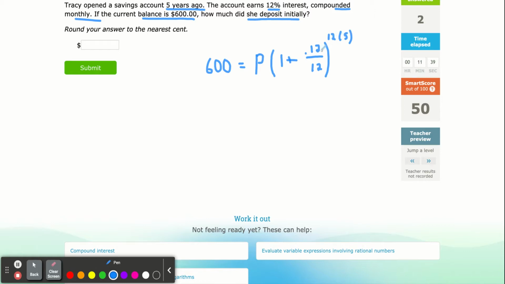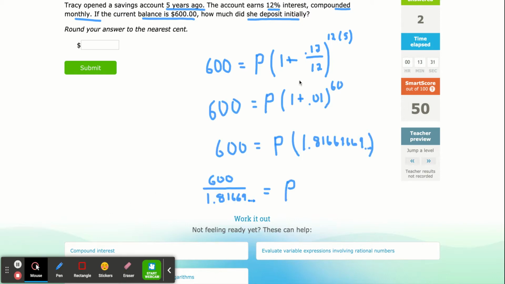for 5 years. Now I'm going to start to simplify that. So now as I work through this equation, I actually realize we do not have to do a logarithm because we take this expression 1 plus 0.12 over 12, that's 1 plus 0.01 or 1.01 raised to the 60th power is 1.8166. All we need to do is find the principal, so I divide it over.